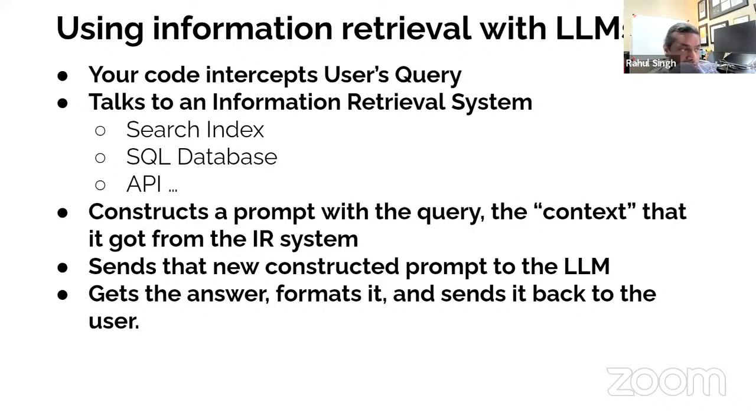It can do a SQL query, or even an API call. Now, if you're not using something like LangChain, the onus is on you to understand how to take the user's query and translate it into a SQL query or an API query. Technically, with a search index, you could just take the user's query and then just send it, right?